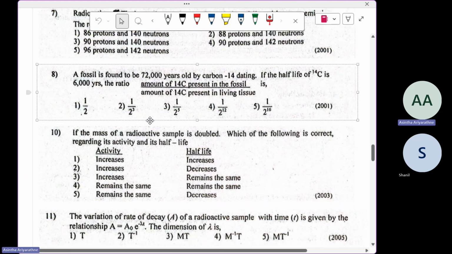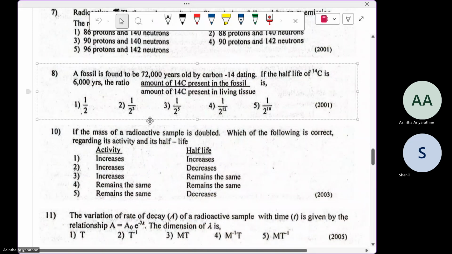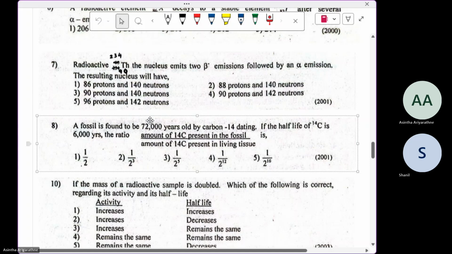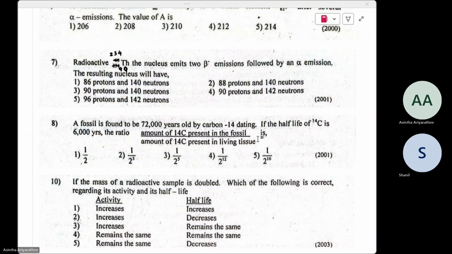Then let's try the eighth one. Eighth question. In the eighth question, a fossil is found to be 72,000 years old by carbon-14 dating, that we discussed earlier.